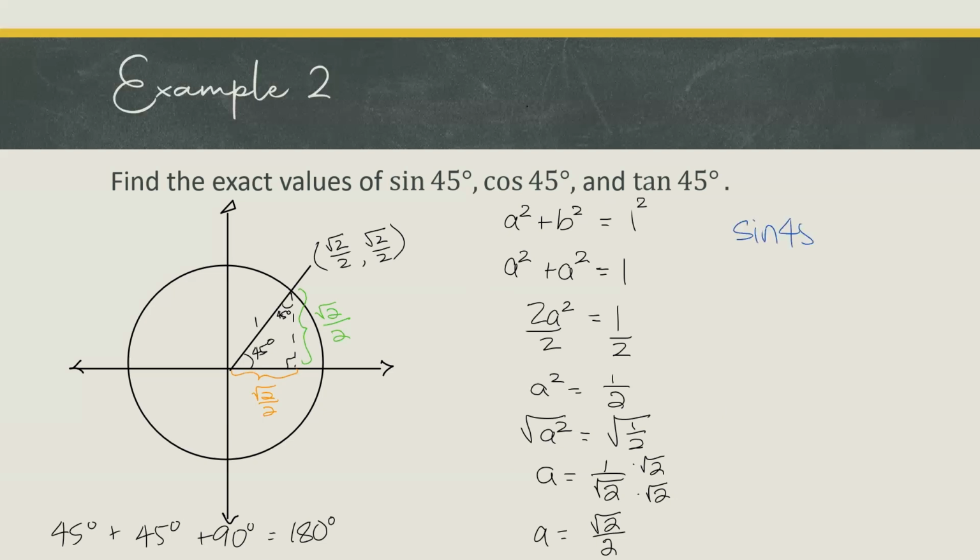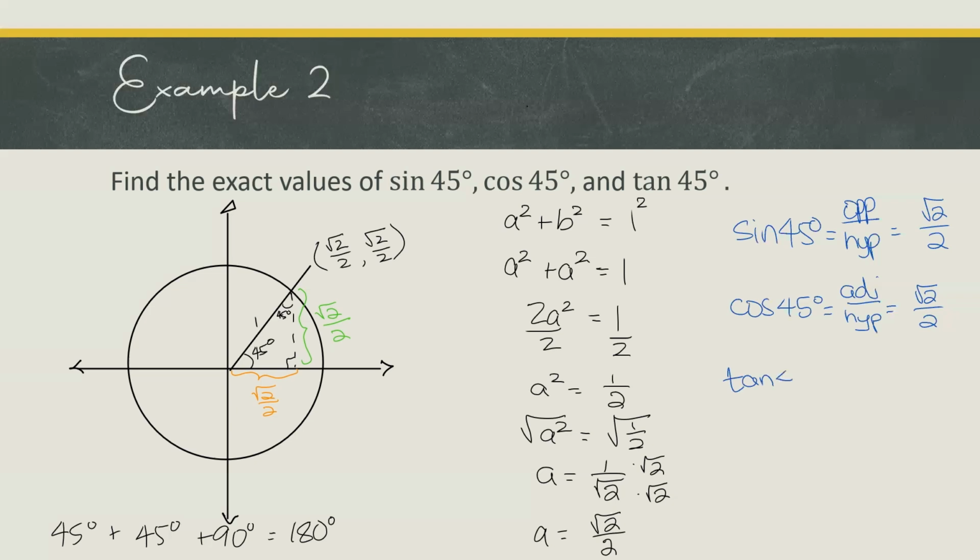Sine of 45 degrees, that is opposite over the hypotenuse. The opposite side is the square root of 2 over 2. If I put that over 1, I still end up with the square root of 2 over 2. Cosine of 45 degrees, using my triangle, would be the adjacent side over the hypotenuse, which again is the square root of 2 over 2 over 1.